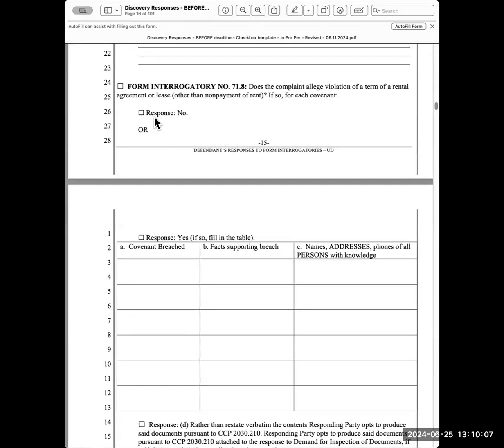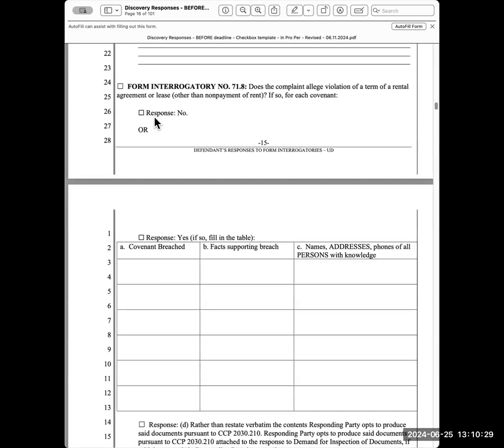And if they're trying to evict you for that reason, you would normally receive a notice to either cure or perform covenants or quit, meaning you've got to remedy this problem, provide proof that you've remedied the problem, or move out.